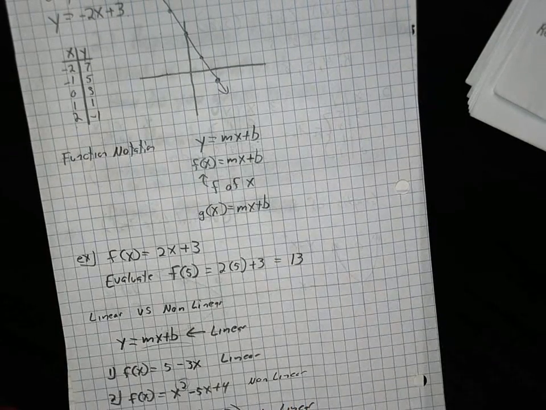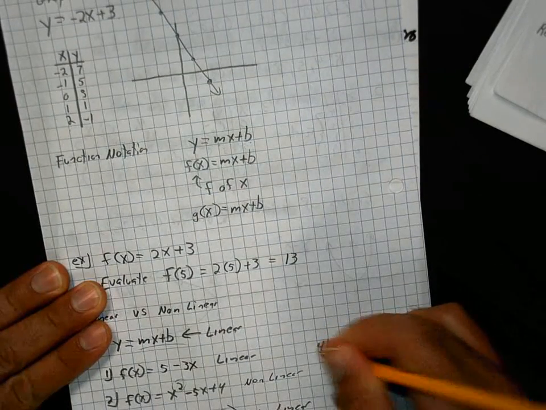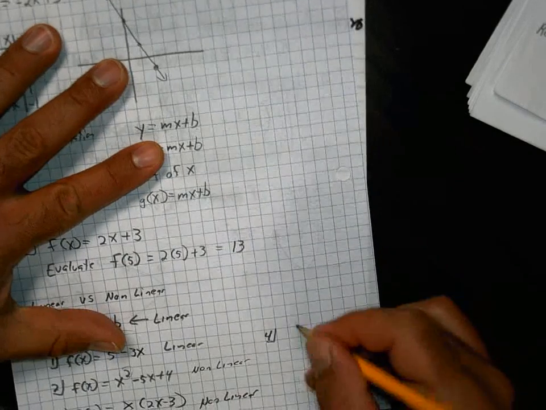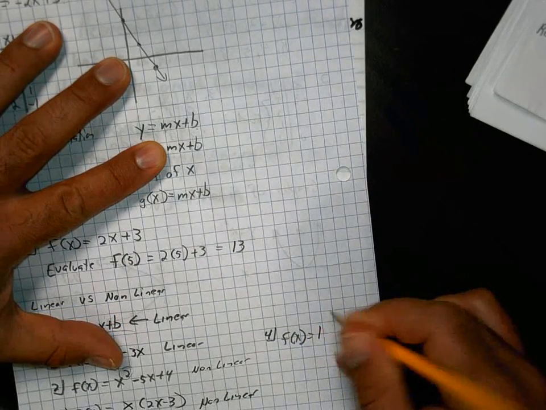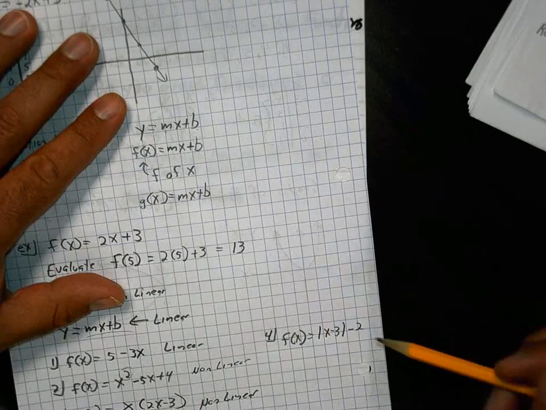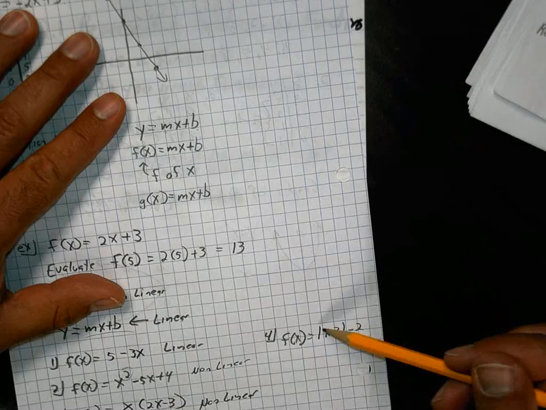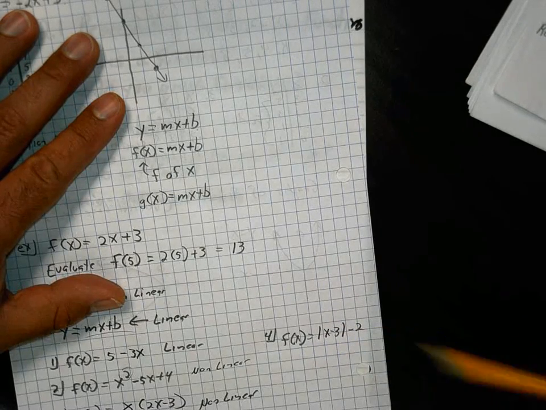Okay. What about this one, last one? This f of x equals absolute value of x minus 3, minus 2.